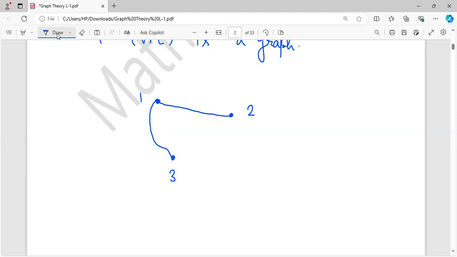So this is a straight line and this is a curved line. So this is E1 and this is E2.